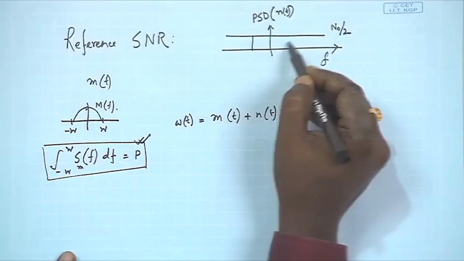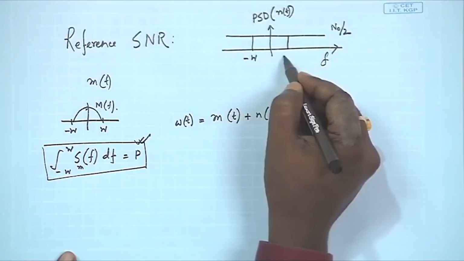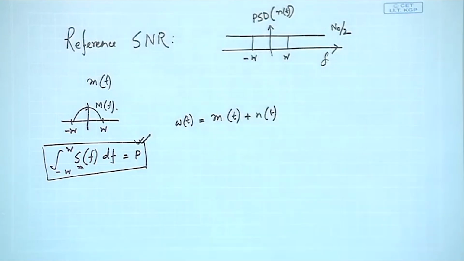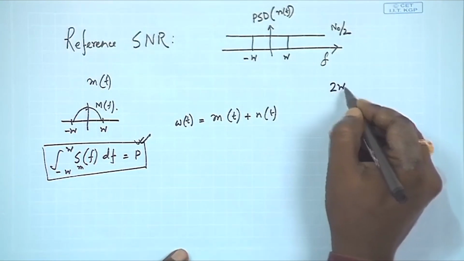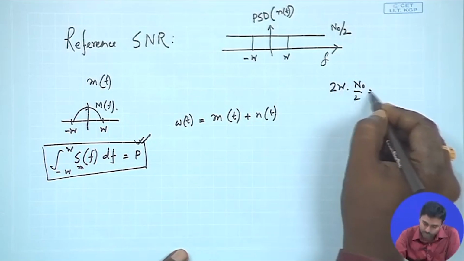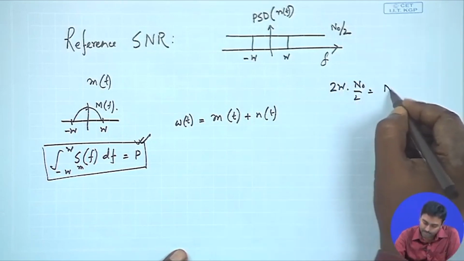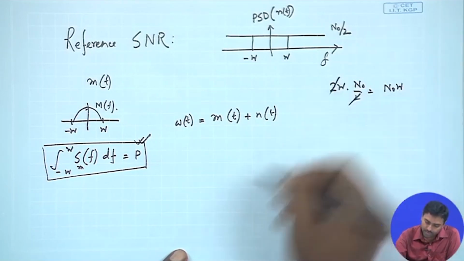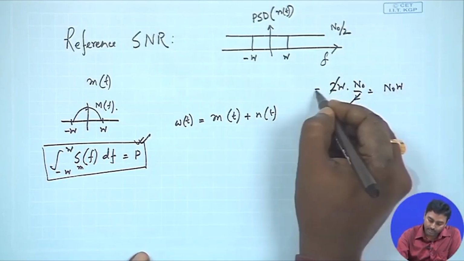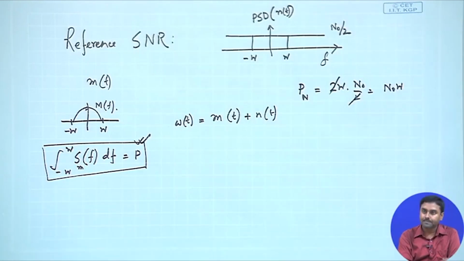Instead of that, we can just employ a low pass filter of bandwidth W, that is minus W to plus W. If we do that, how much noise will be coming in? If you integrate from minus W to plus W, that should be 2W times N0 by 2. So, the overall noise power should be N0 times W, the 2 gets cancelled. This is the noise power Pn.